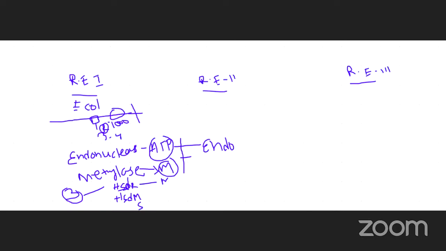And here are two identical subunits. In type 1 there are three different subunits, but here the same two, two identical subunits.